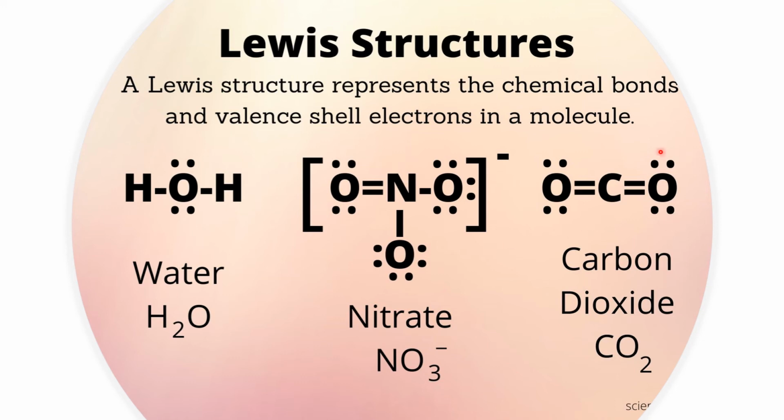Carbon dioxide here is also shown with our bonding. So we've got these double bonds here. If you remember, these are 4 electrons that are shared. So if you have 4 here and 4 here, that's a total of 8 around the carbon. So it's happy. We've got 4 here and then 1, 2, 3, 4 there around the oxygen. So it has 8 around it and it's happy as well.